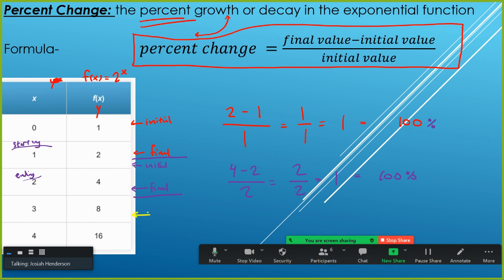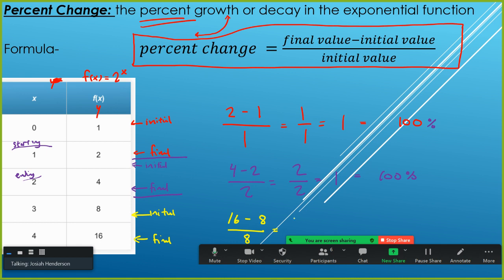So now we'll look at 8 as our initial and 16 as our final. Even though the spread is getting different, right? It's much more of a spread in between them. Let's see what happens when we still calculate percent change. So final 16 minus 8 initial over 8 for initial.